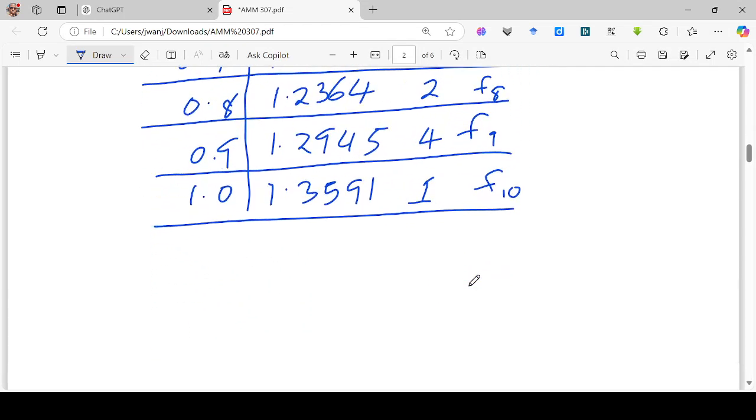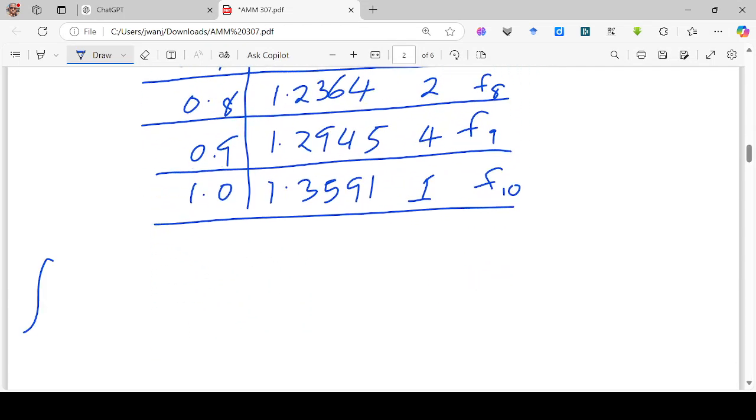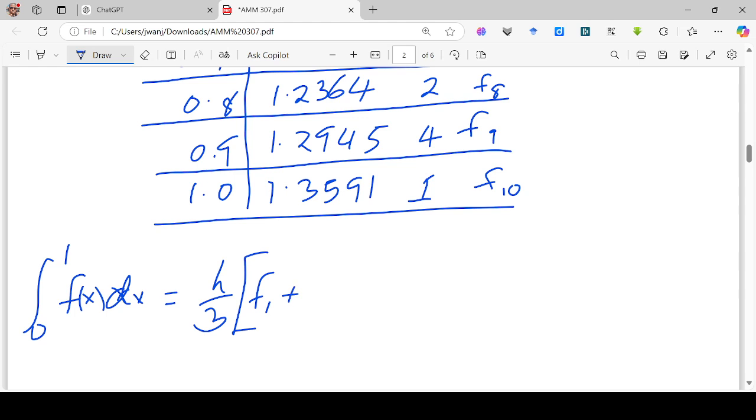So we can write the formula: the integral from 0 to 1 of f of x dx is h divided by 3 times f0, sorry, f0 plus 4 times f1 plus f3 plus f5 plus f7 plus f9.